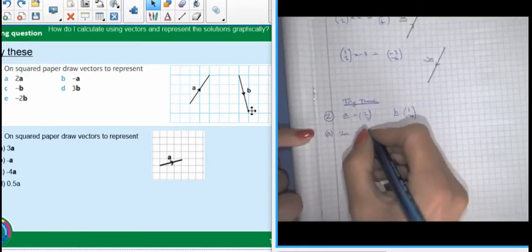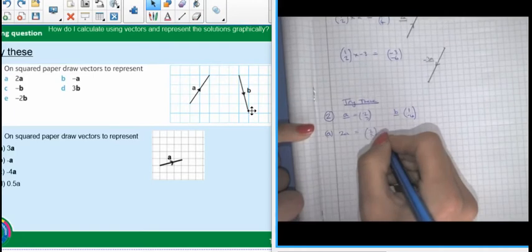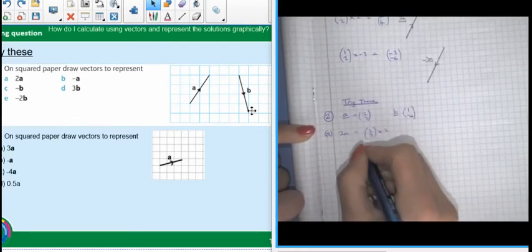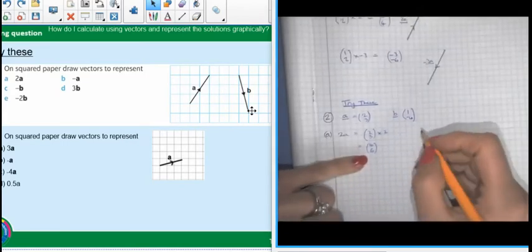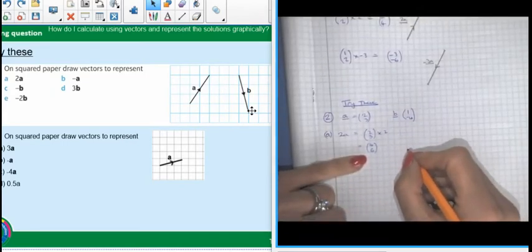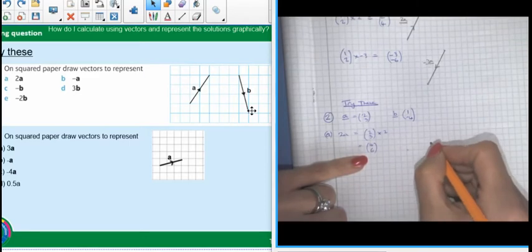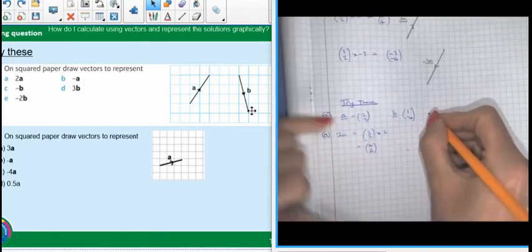So 2A will be (2, 3) times 2, which is (4, 6). So let's start here. 1, 2, 3, 4, 1, 2, 3, 4, 5, 6.